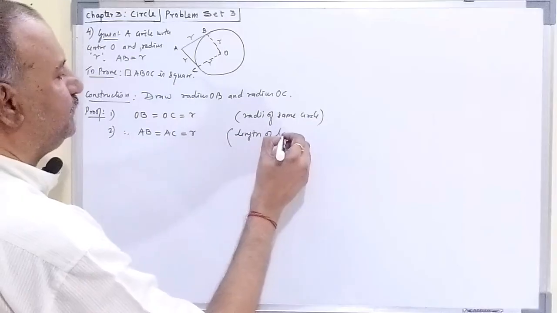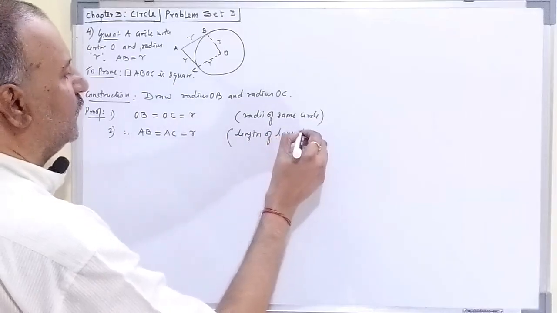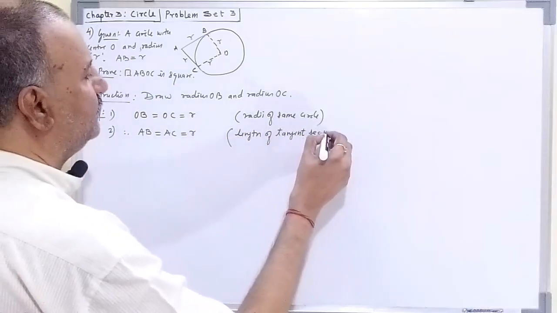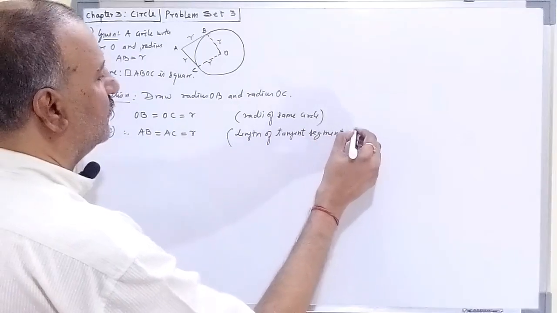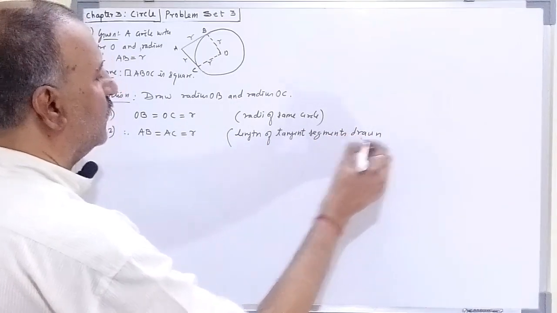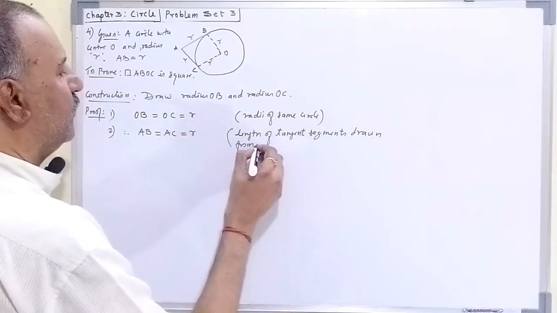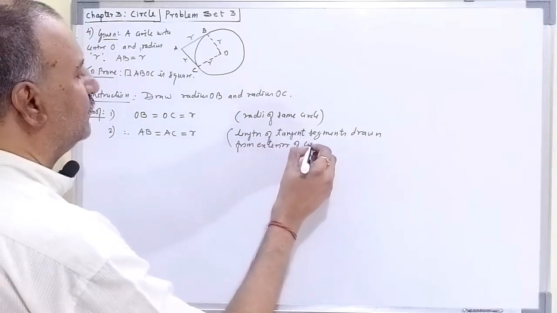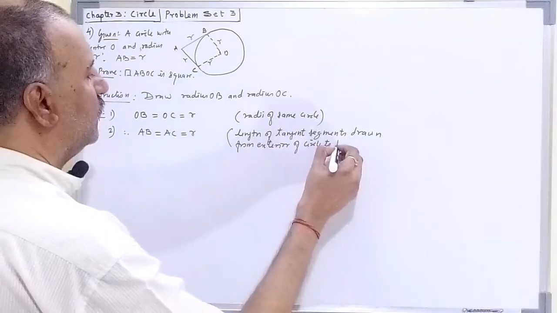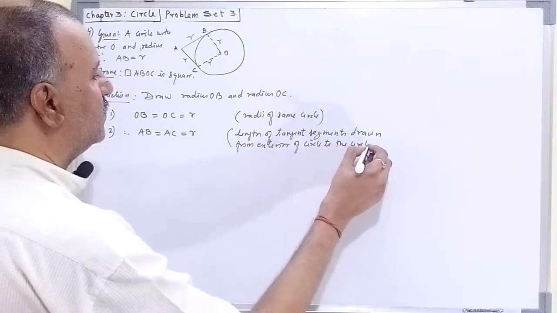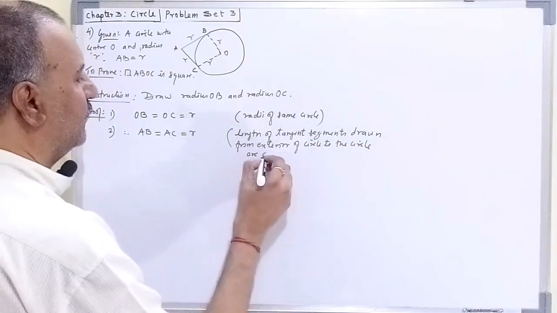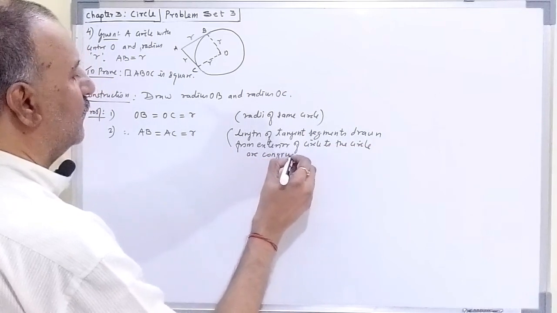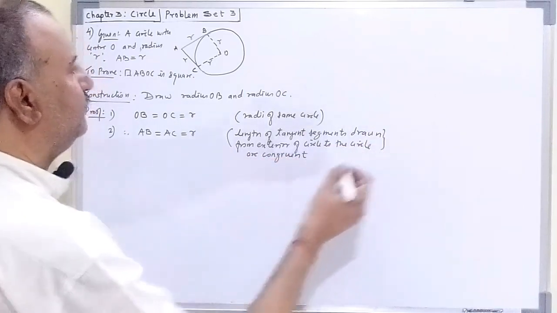Length of tangent segments drawn from exterior of circle to the circle are congruent.